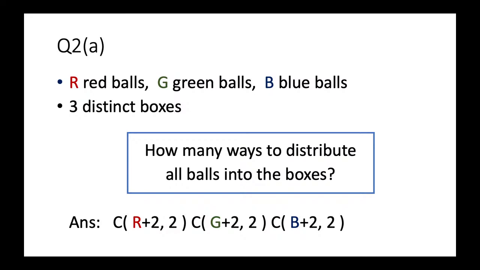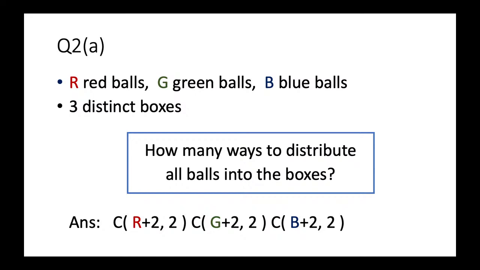We find out what is going on with the red balls, then the distribution of green balls, and then the distribution of the blue balls. So the total number of ways is equal to the number of ways to distribute red balls multiplied with the number of ways to distribute green balls and multiplied with the number of ways to distribute blue balls.